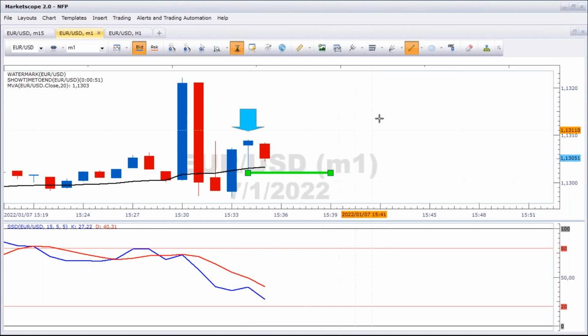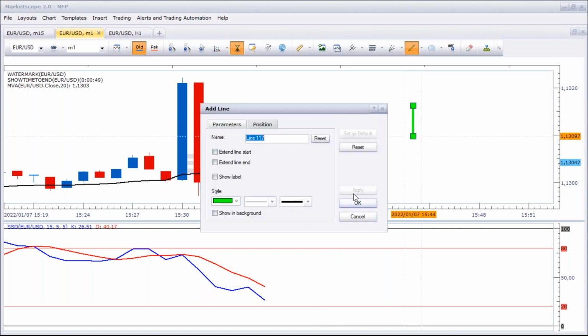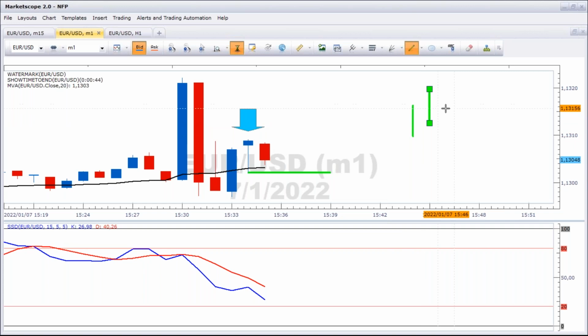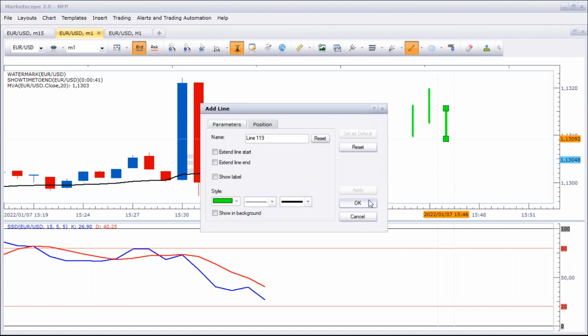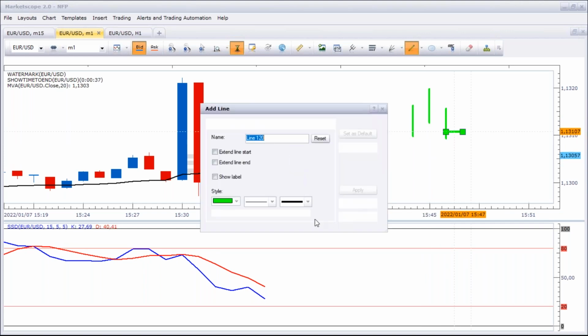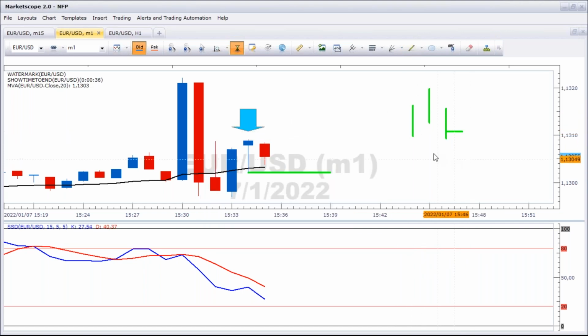Okay, so what I'm looking for here is a pattern like this. This is kind of the entry criteria, which we call reference reversals, which we talk about in our webinars. So we're looking for a candle that's got the highest high. This one here has got the highest high in at least 3 candles, right?